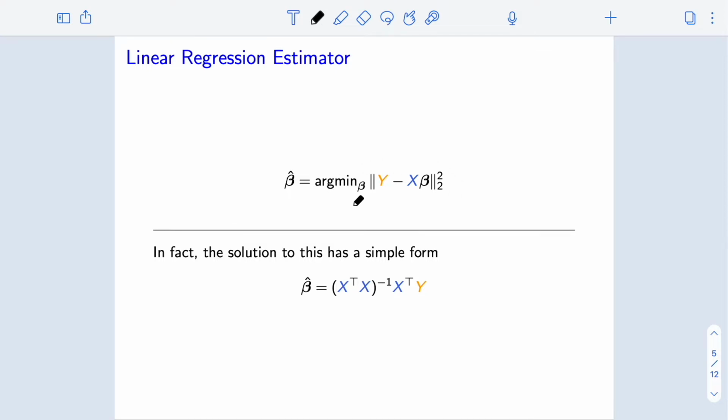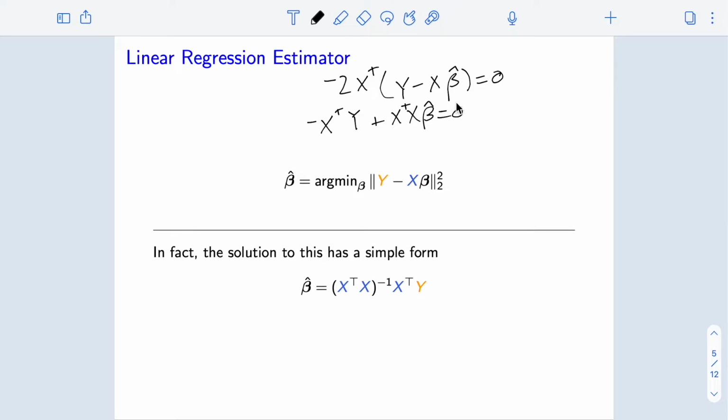Now, if we take the gradient of this and set it equal to 0, we get negative 2 x transpose (y minus x beta hat) equals 0, that beta hat has to satisfy this. If we multiply this out, we get negative x transpose y plus x transpose x beta hat equals 0.